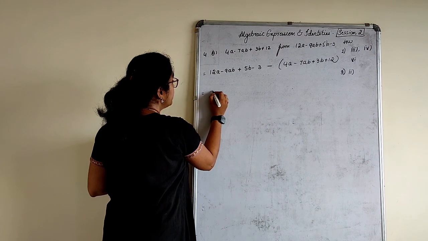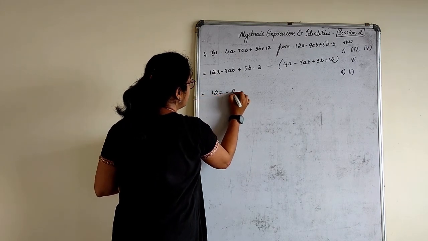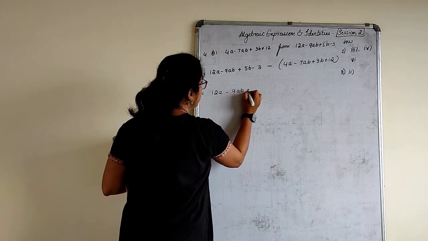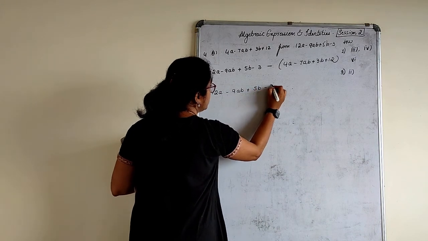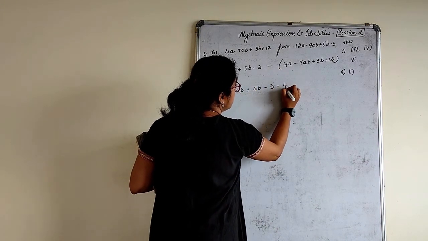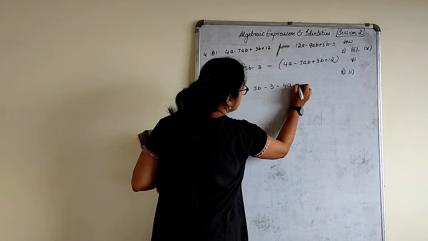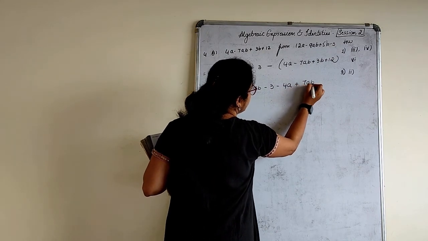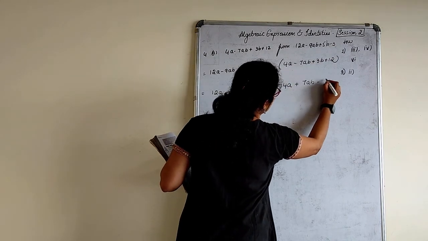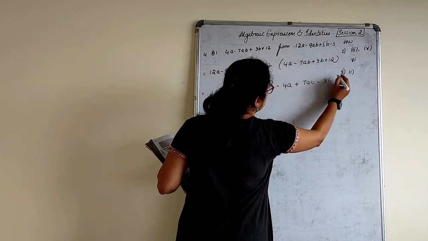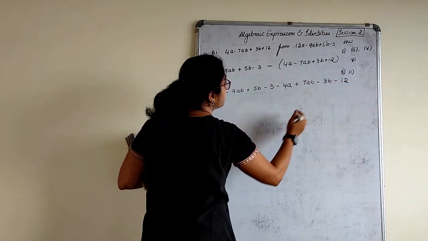Now, this will be written as 12a minus 9ab plus 5b minus 3 minus 4a, minus into minus plus 7ab, minus 3b, minus 12.